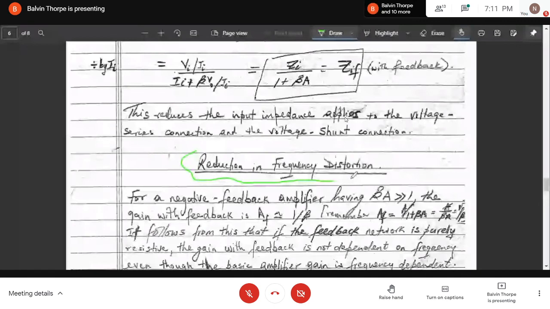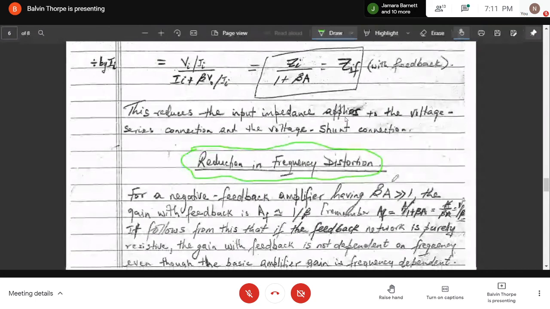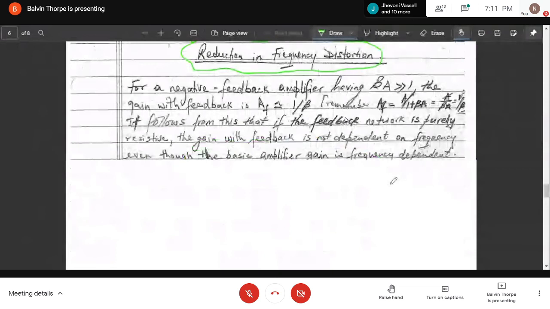But there's an important thing here. We're going to discuss a reduction in frequency distortion. You're going to have a reduction in frequency distortion when you have a feedback network. It's very simple. If the feedback network is purely resistive, or if it is not purely resistive, what will happen?